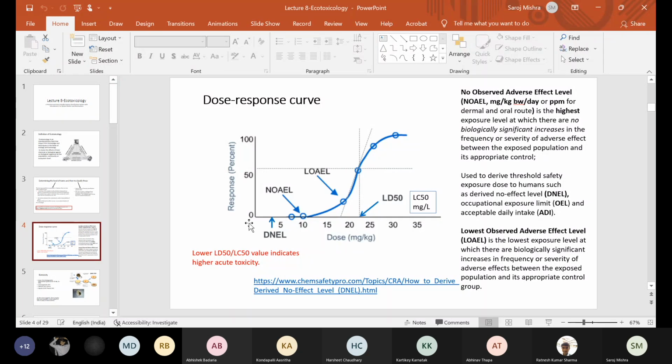Is that clear? Yes, ma'am. So we have various different dose response curves for all different organisms, right? Exactly. And based on that, what will be determined about an ecosystem?